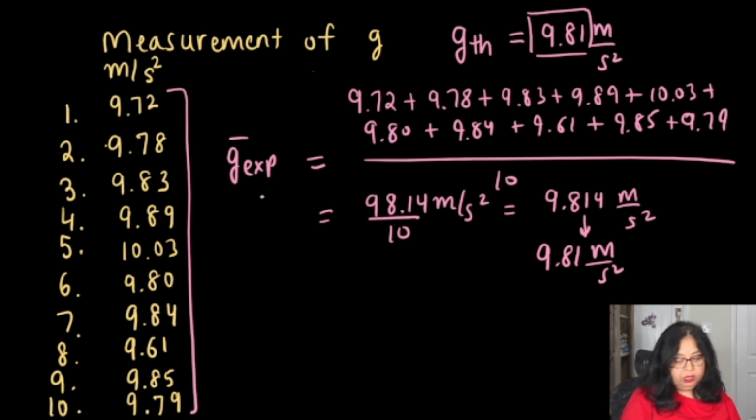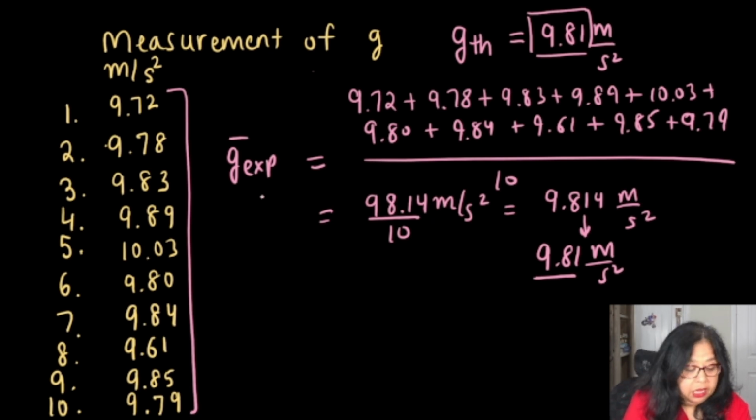So we see in this example that the individual values are randomly distributed about this theoretical value of g, which is 9.81. However, when we take the average, the individual errors of these values of g cancel each other out, and the average is fairly close.